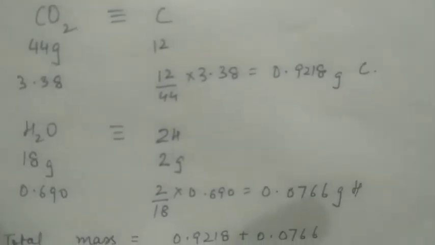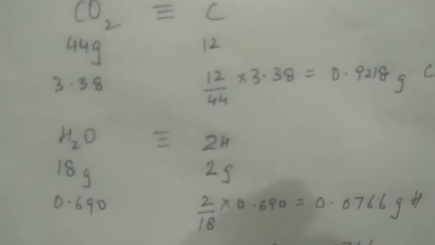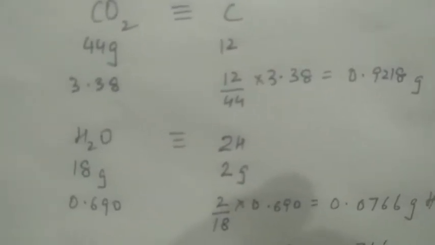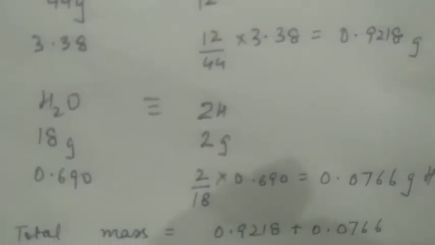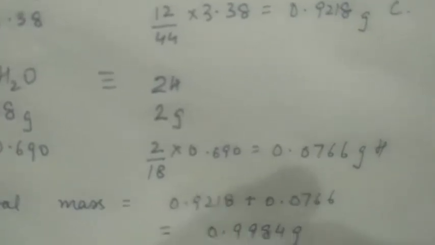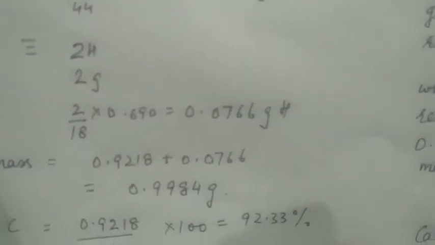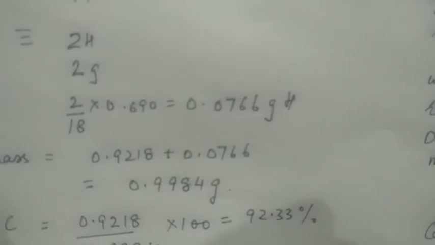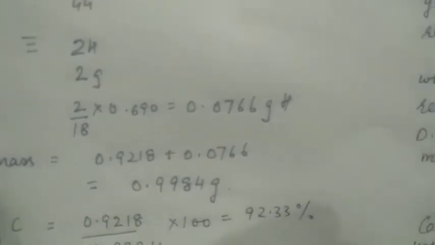This is 0.9218 grams of carbon. Similarly, water 18 grams has 2 grams of hydrogen. 0.690 will have 2 upon 18 into 0.690, which is equal to 0.0766 grams hydrogen.